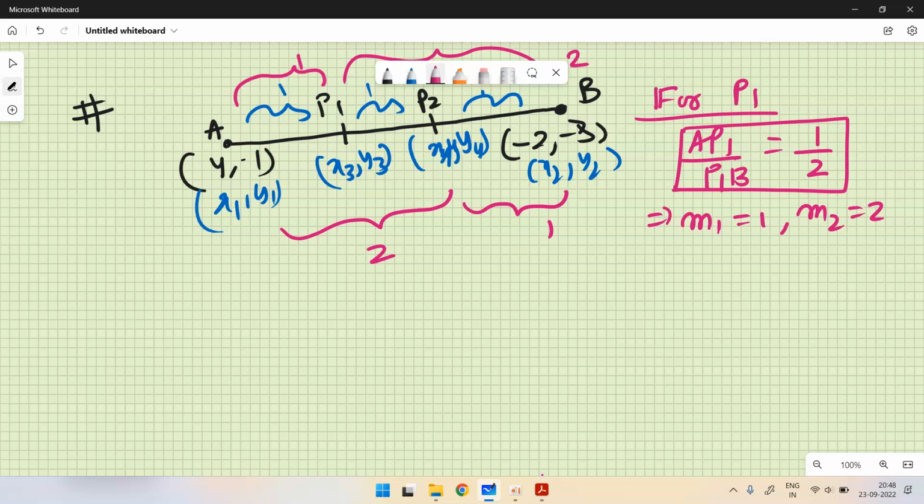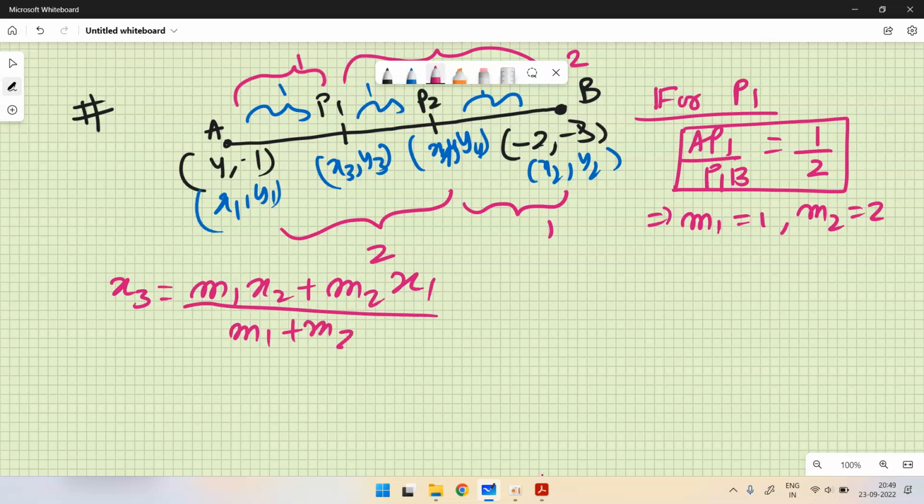Now if you substitute the values, I'm taking X3, so X3 equals M1 X2 plus M2 X1 by M1 plus M2, and Y3 is M1 Y2 plus M2 Y1 by M1 plus M2.